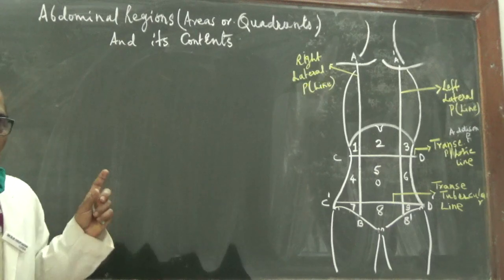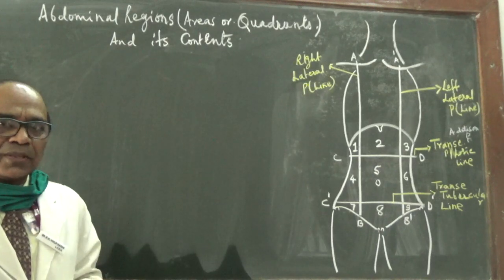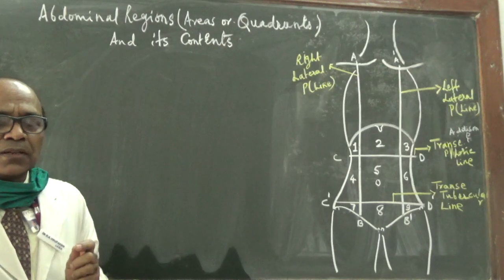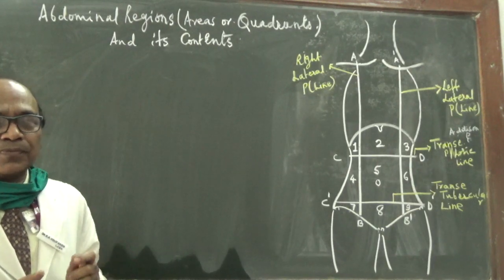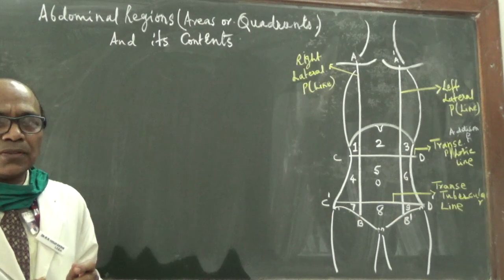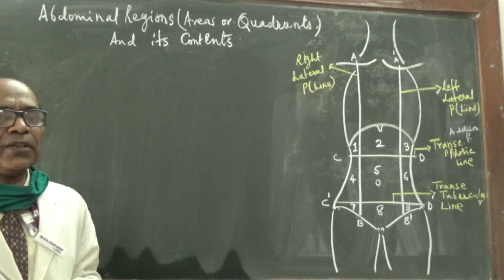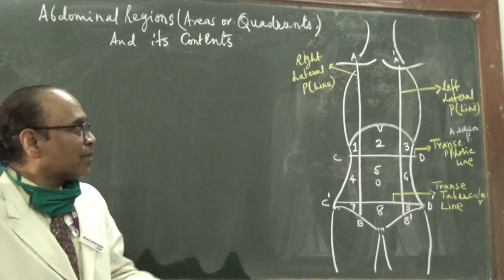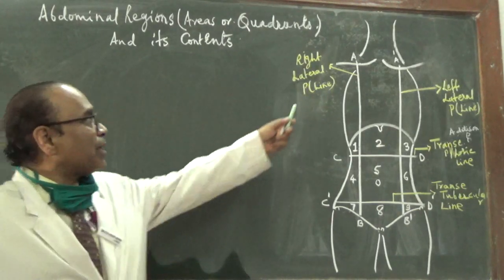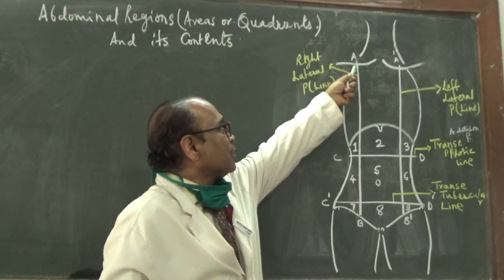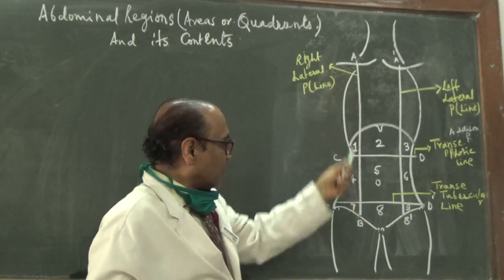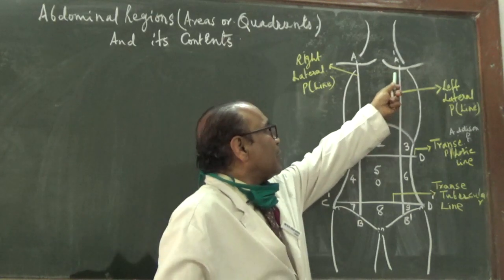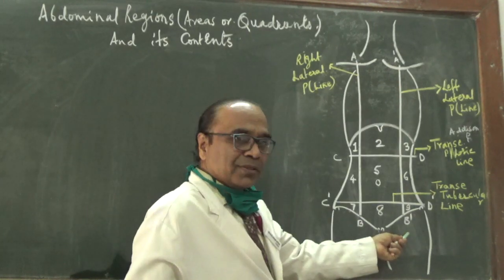So let us deal with this in a detailed way. The regions or areas are made by two sagittal planes. Those two sagittal planes are here A, B and A dash, B dash.